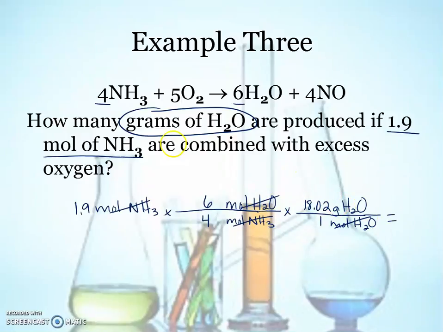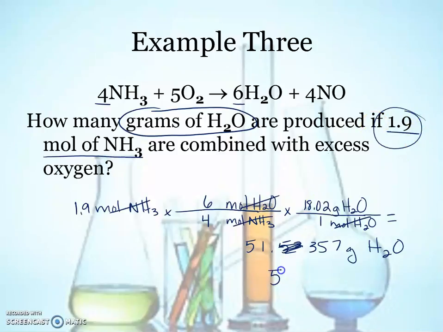Now we have the units we want, and now we can solve. So 1.9 times 6 divided by 4 times 18.02, and you should get 51.357 grams of H2O. We need 2 significant figures, so it'll be 51 grams of H2O, and that's your answer.